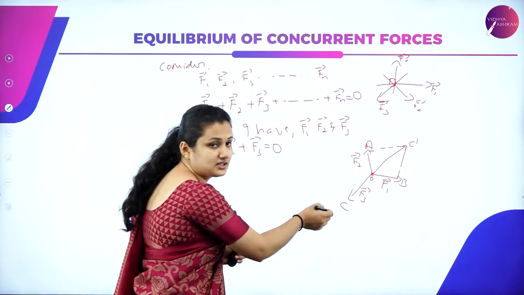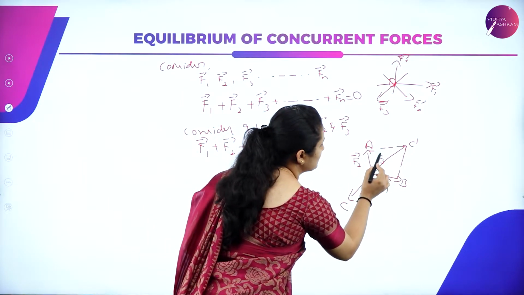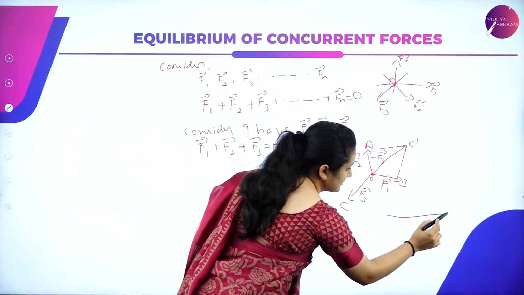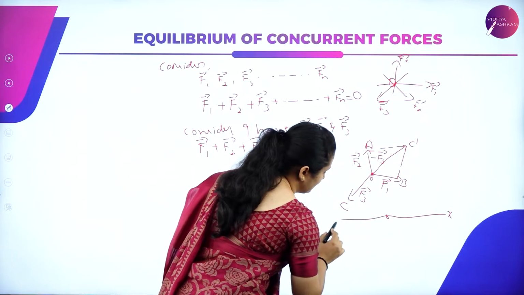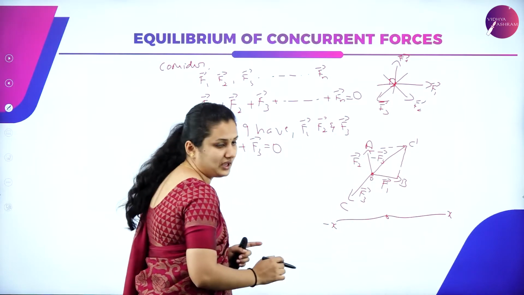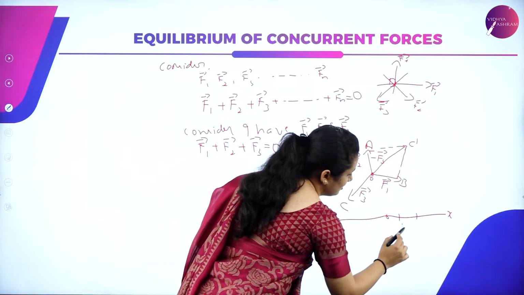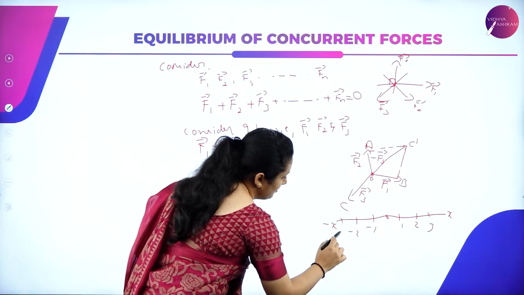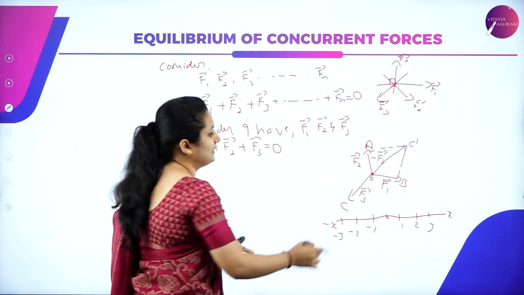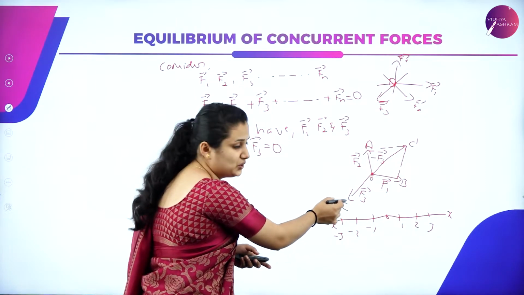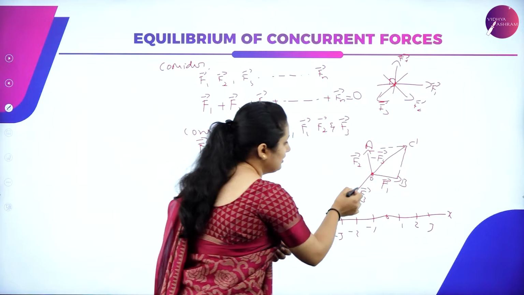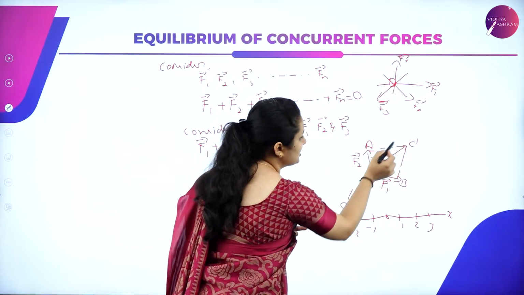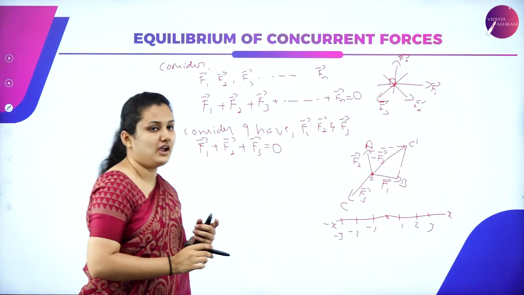If F3 is positive, then this OC dash will be negative. Just like the x-axis in the number system, if you have 1, 2, 3, then the negative side will have -1, -2, -3. Similarly, if this has positive F3, then the diagonal which is equal and opposite to OC, that is OC dash, will have negative of F3.